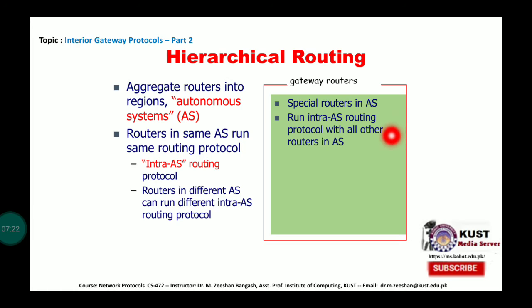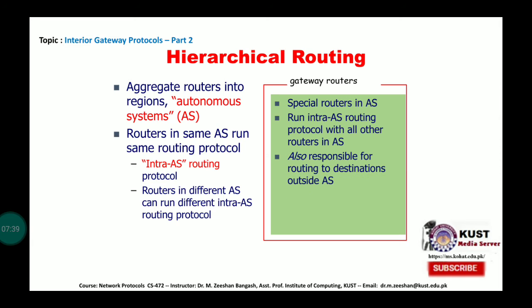We call it an inter-autonomous system routing protocol, with all the neighboring autonomous systems with which these gateway routers communicate.